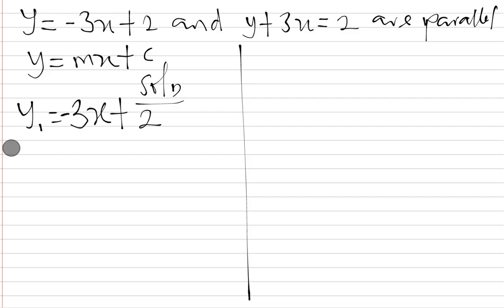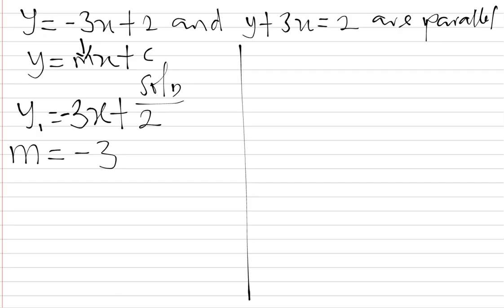Our gradient m is -3. Sorry about that. Our gradient is -3. Why do I say it's -3? Remember this is of this form. So we've gotten our gradient here.